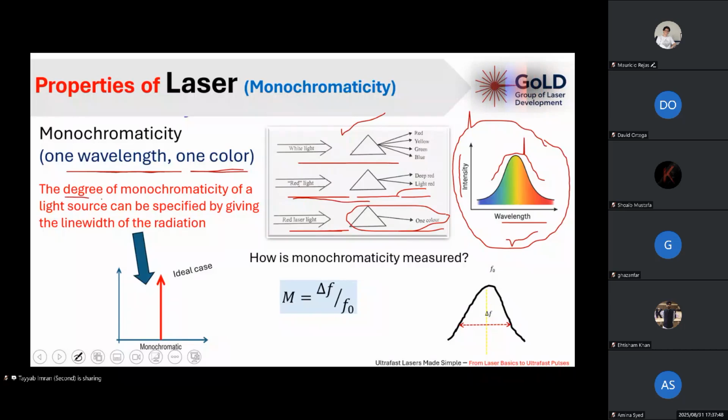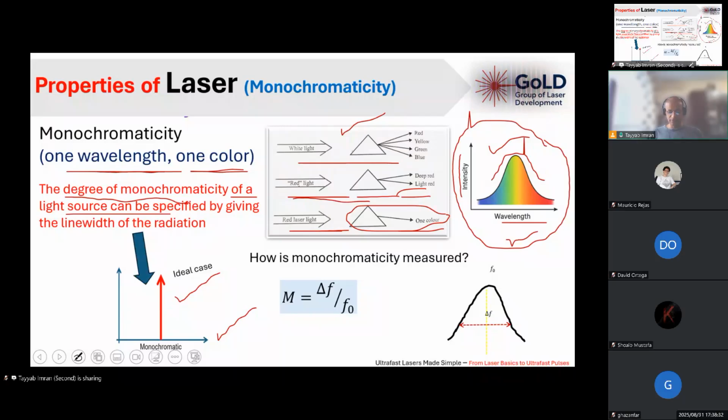So how do we know that the laser is monochromatic? This spectrum actually tells us. This one is the ideal case. You can also read here that the degree of monochromaticity of a light source can be specified by giving the line width of the radiation.